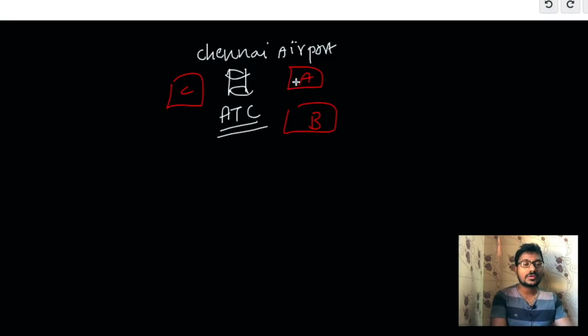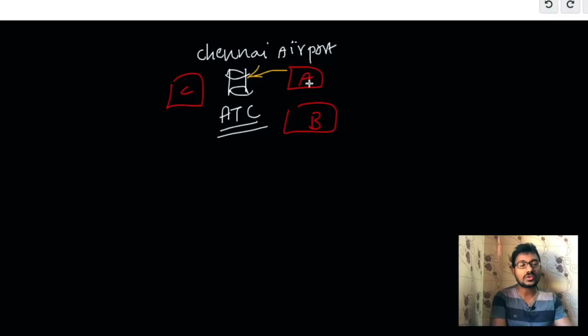If A needs to communicate with C, there won't be any direct communication facilities at all. So A would communicate with the ATC, then ATC would get the information from C, and ATC would give that information back to A. So here ATC is playing another role. It's acting as a mediator.